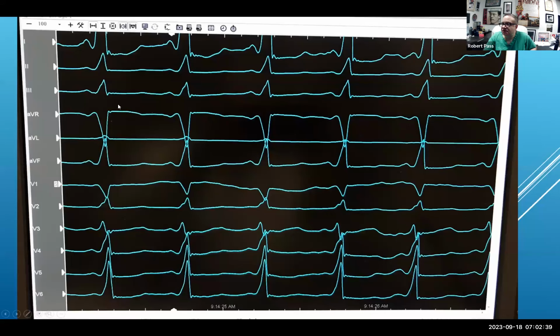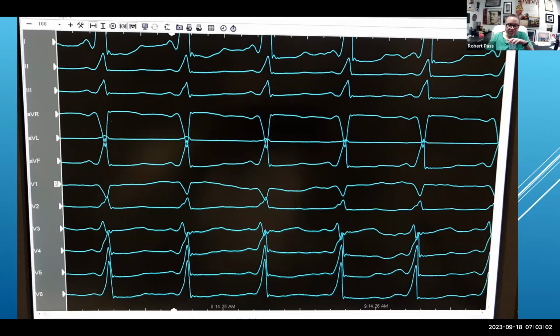Okay, so the first thing we always do when we do an EP study, of course, is look at the 12-lead electrocardiogram, because we want to see if there's any evidence for pre-excitation or what it is that we think we're dealing with here. And I think we would all agree, remember, of course, that this is at 100 paper speed.